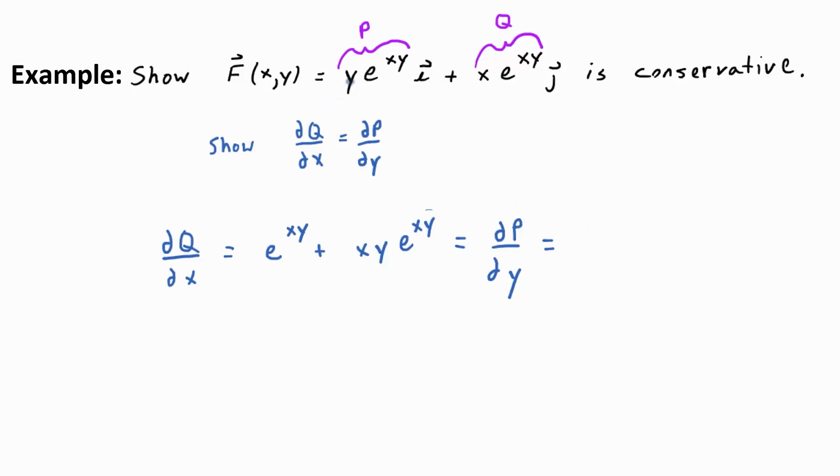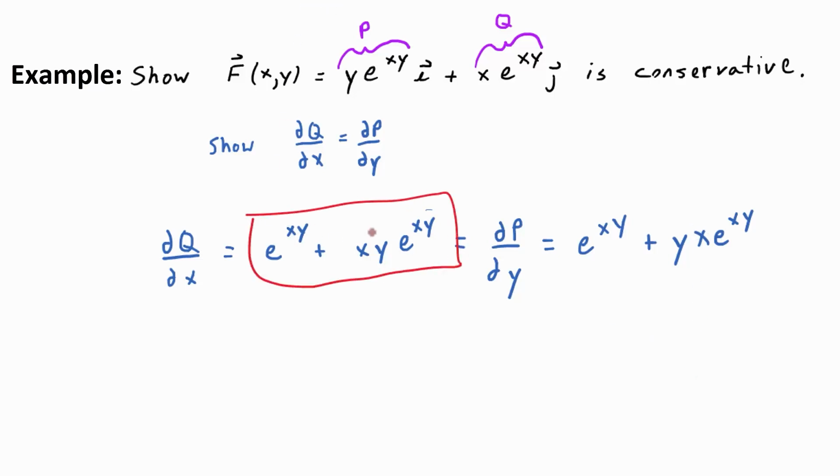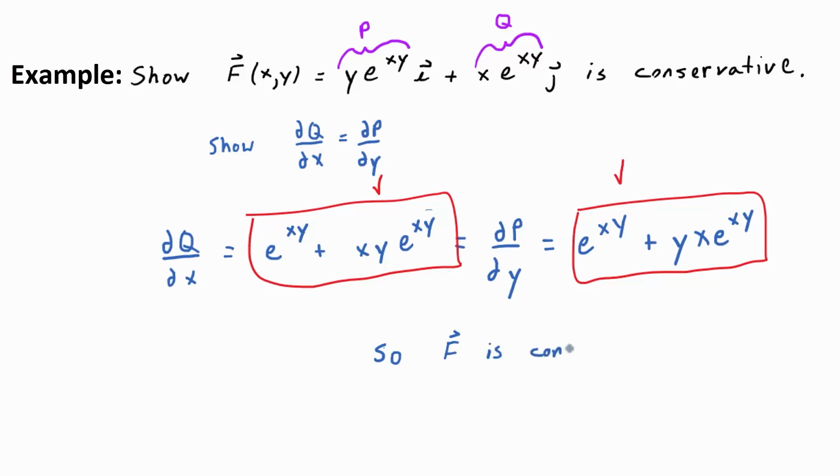Derivative of the first, with respect to y, which is 1, times the second, which is e to the xy, plus the first times the derivative of the second, e to the xy times, since we're taking the derivative with respect to y, it should be x that's left this time. And you can see we definitely do get the same thing. And so your conclusion is, F is conservative by the above theorem, but you don't have to say that.